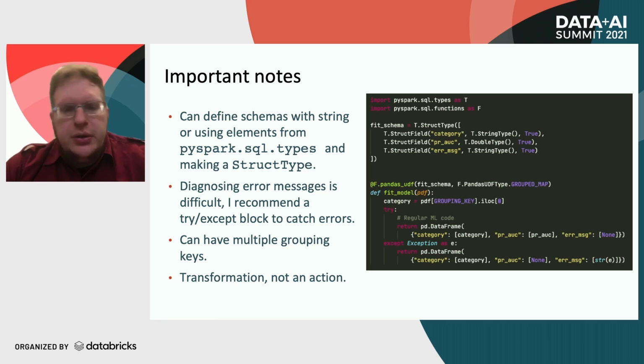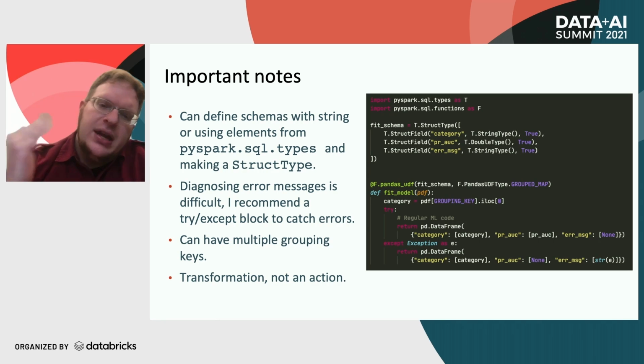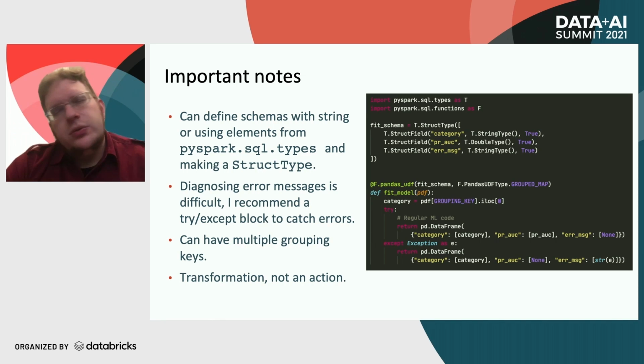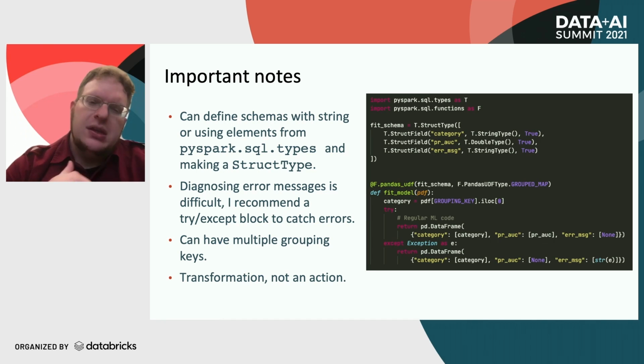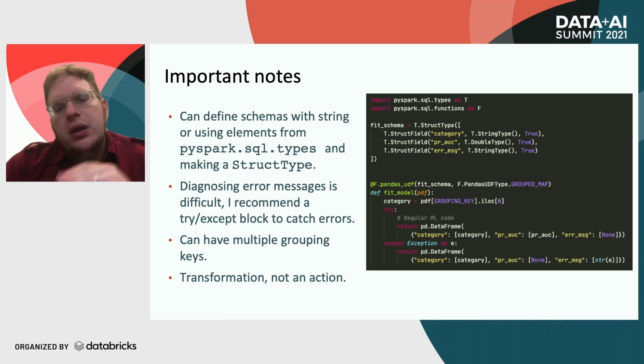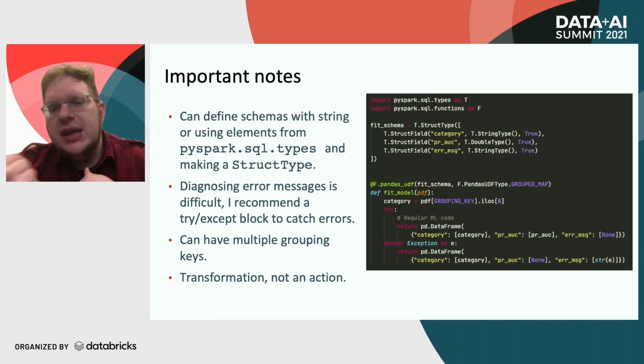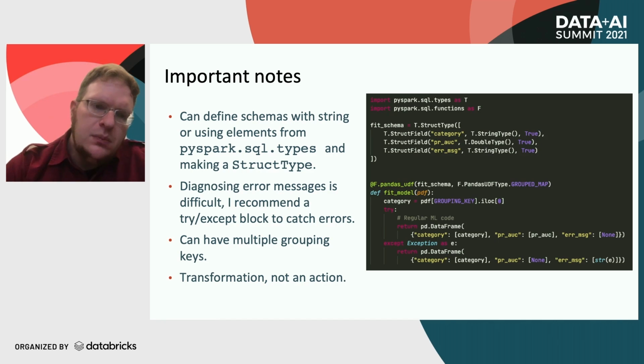run your regular code under the try block, and add an extra column called error message or something like that. If the code runs as expected, great, no error message, everything is good. If we do have an exception though, we will not send out the model data, the model metadata, but instead we will provide the error message as a string.